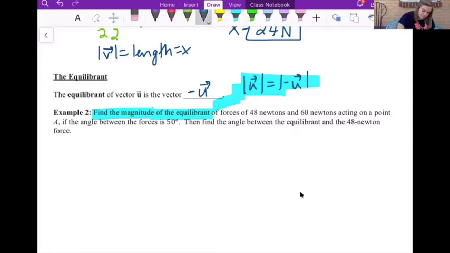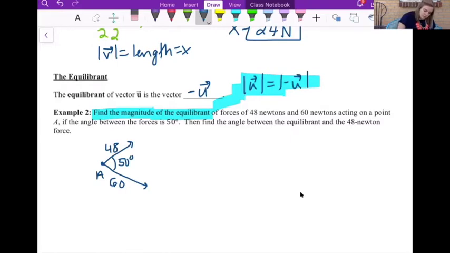So we have a force of 48 newtons and a force of 60 newtons acting on a singular point A. And we know that the angle in between them is 50 degrees.